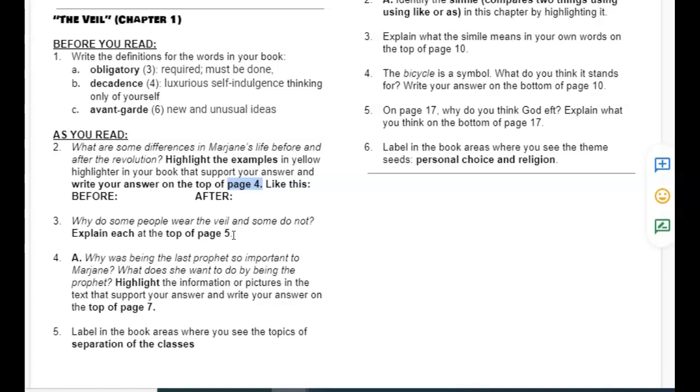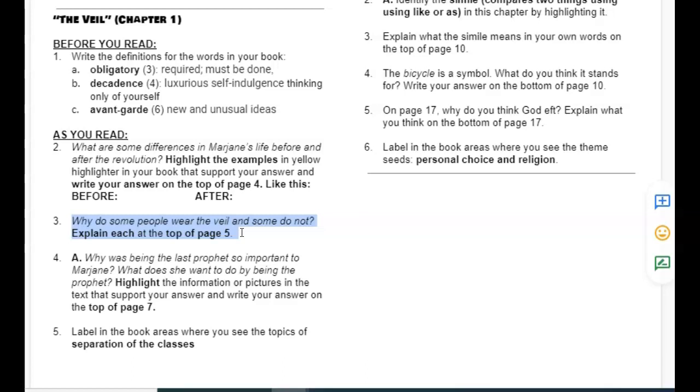It's really important that you follow these directions, because following these directions is going to get you a grade for your annotations. I might open your book and look only at the top of page 5. And if you didn't answer this question at the top of page 5, then I won't be able to give you credit for it. So you must follow the directions.